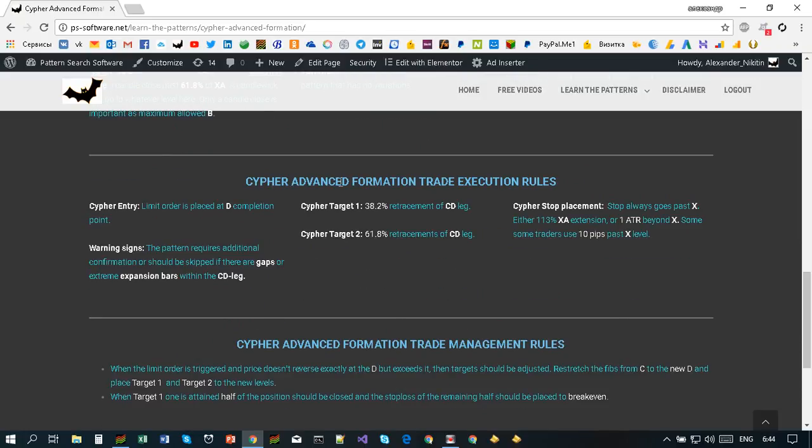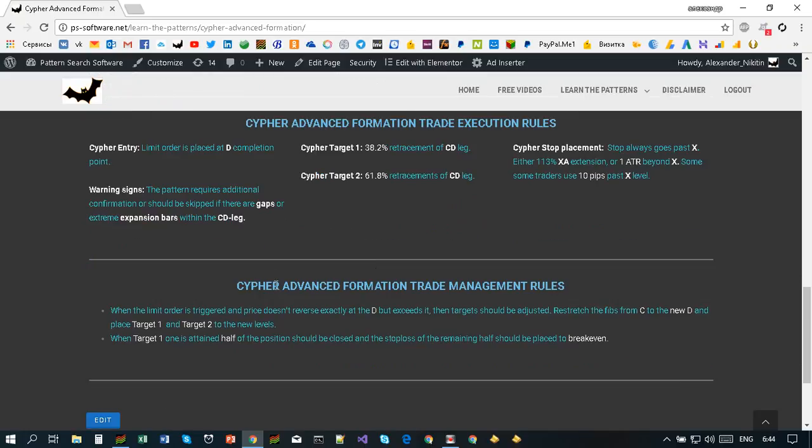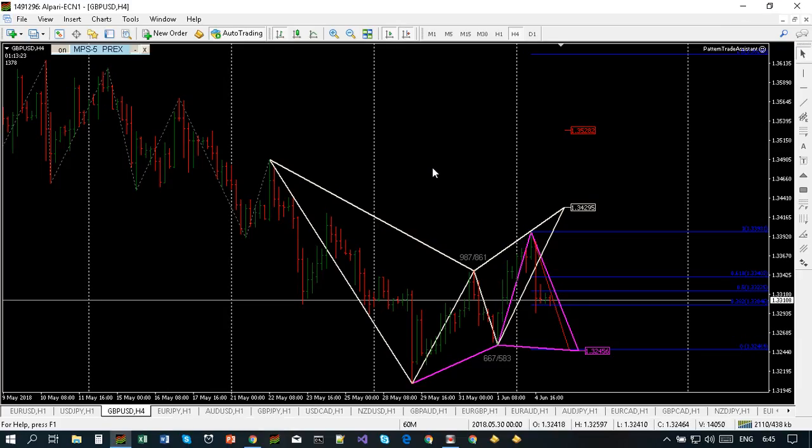Then you have the conventional trade execution rules. They are conventional, I repeat, they are not something that I use because I'm not as aggressive as the creators of this pattern. And you will have the trade management rules. Trade management rules are pretty much the same in my approach and the founders of this pattern.